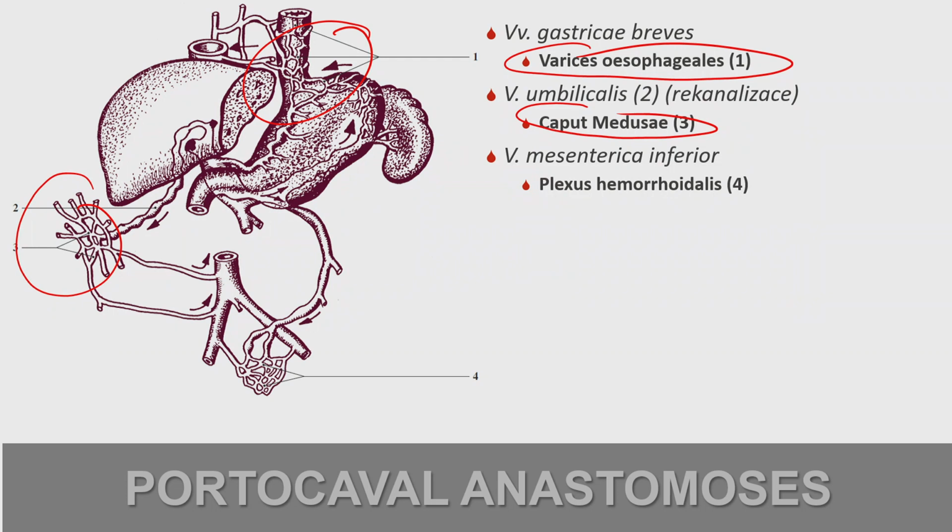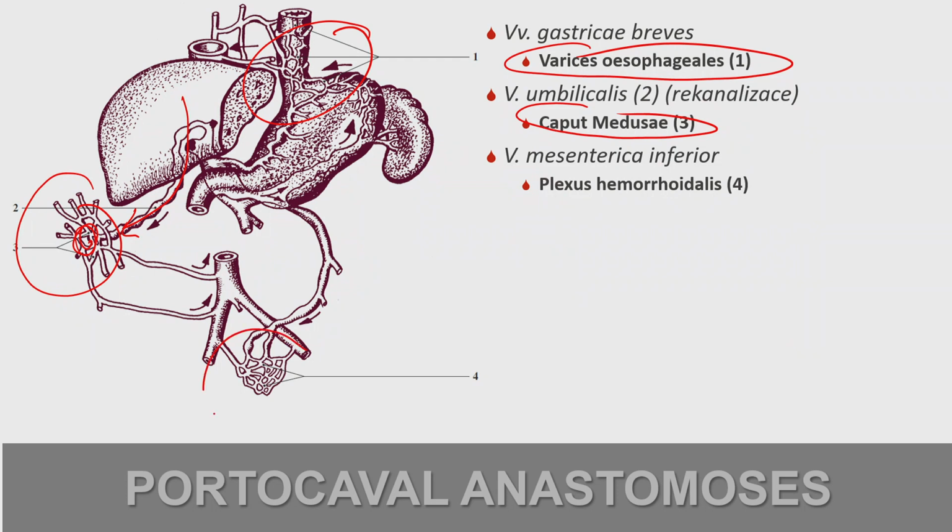Because it looks like a head with snakes seen on the abdominal wall. Those snakes are enlarged blue veins formed around the umbilical region. This is the case when the umbilical vein is opened again, the ligamentum teres, the rounded ligament, is reopened, and the blood is flowing backwards.